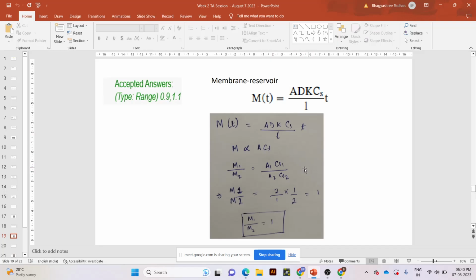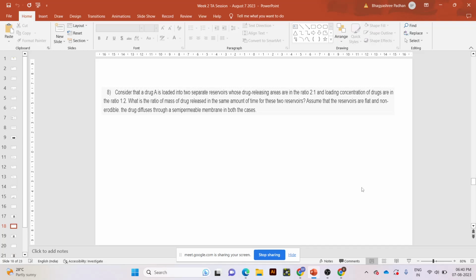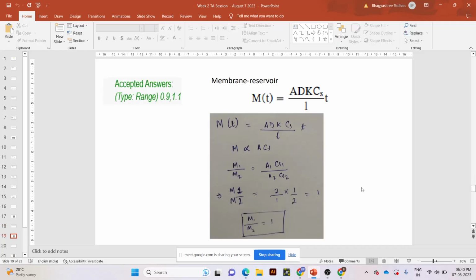Cs, which is the loading concentration, is in 1 is to 2, and we need to determine the ratio of mass of drug released in the same amount of time. So the mass of drug released is m1 is to m2. So if you multiply this, you'll straight away get 1, which is the correct answer.